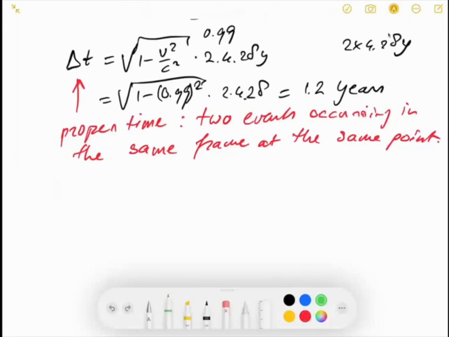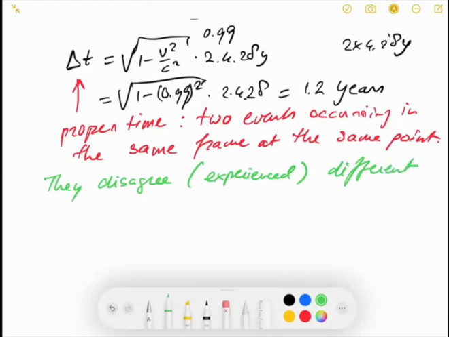They experienced different delta t, but do not disagree on their relative velocity.